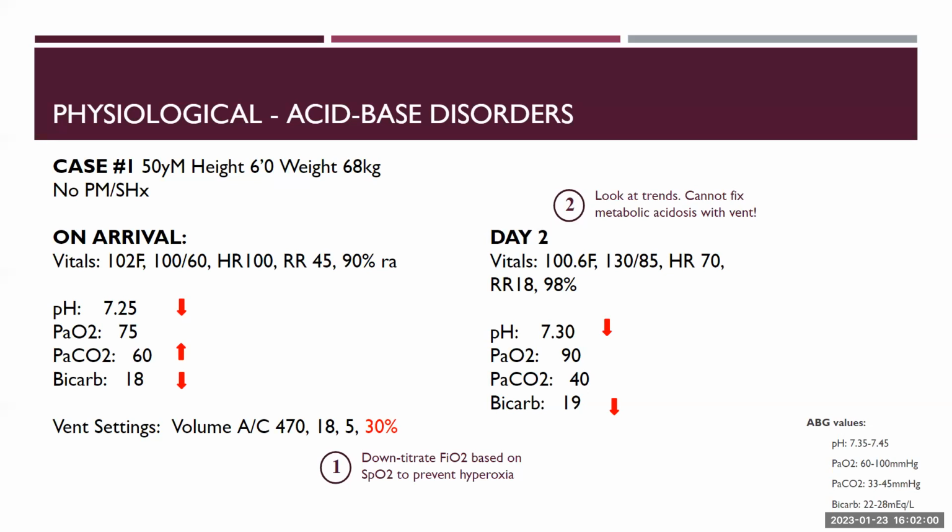So if you're seeing that they have markers of end organ perfusion getting better, for example, the patient came in disoriented, and now despite the fact that they're intubated, they can still interact with you, they can show you thumbs up, they can blink to your questions, so you know that their brain is functioning. This means that not only is enough oxygen getting there, but even though the pH is 7.3, their physiology is corrected to the point that it is now conducive to brain function.